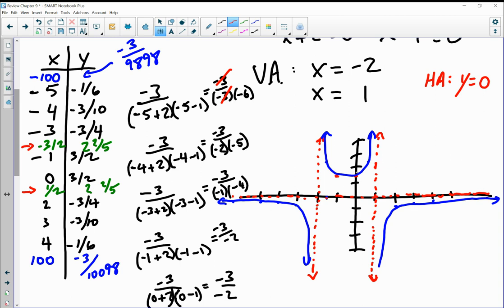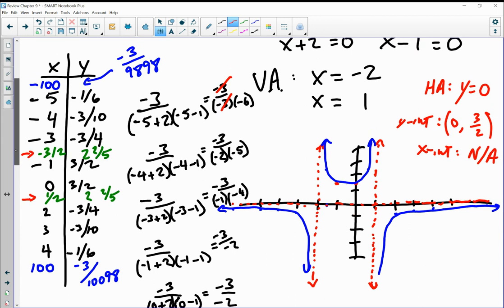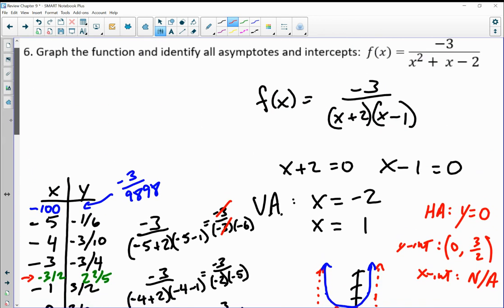Y-intercept? Yes. The y-intercept would be 0, 3/2. And the x-intercept would be not applicable in this case. Okay, so that's about it for this one.